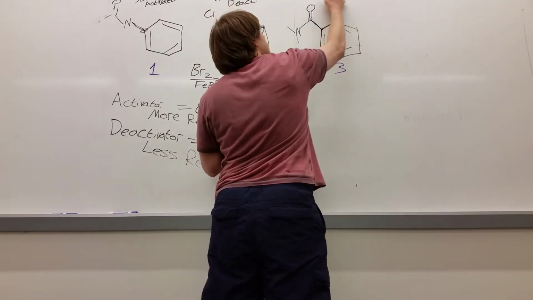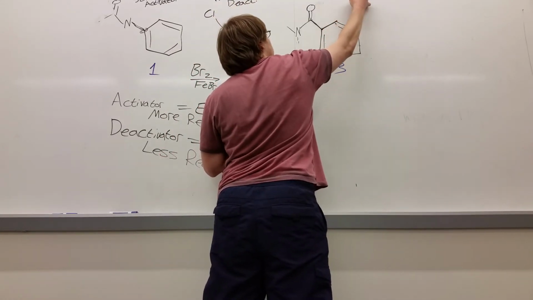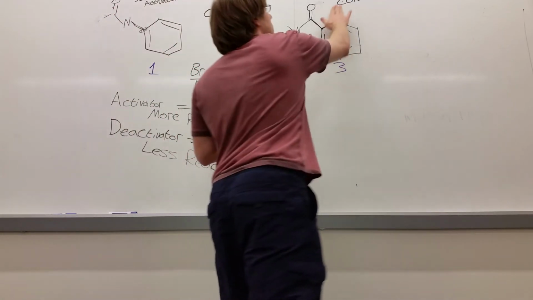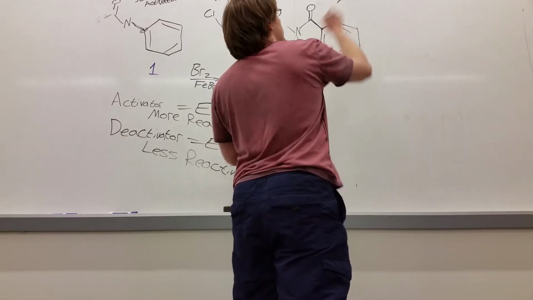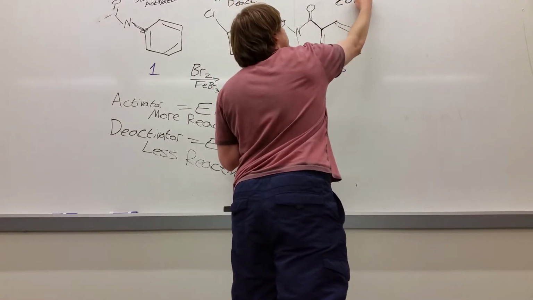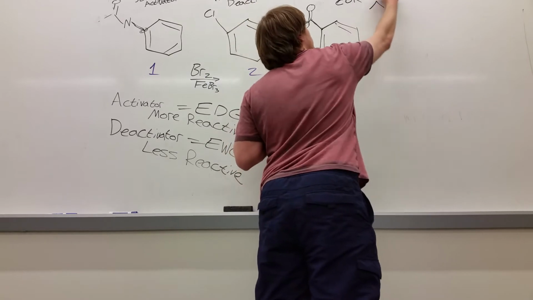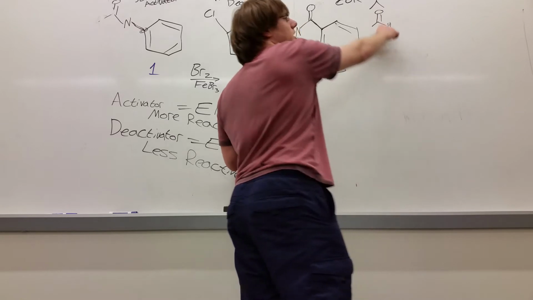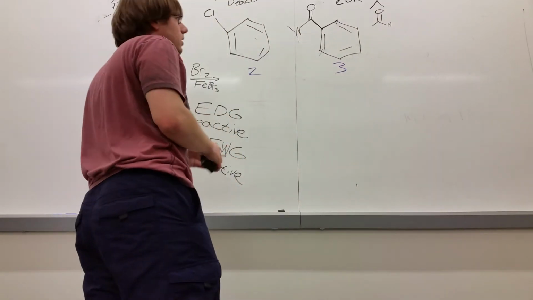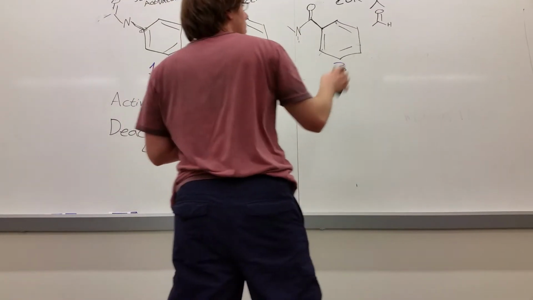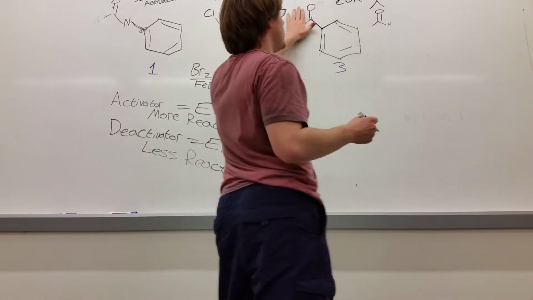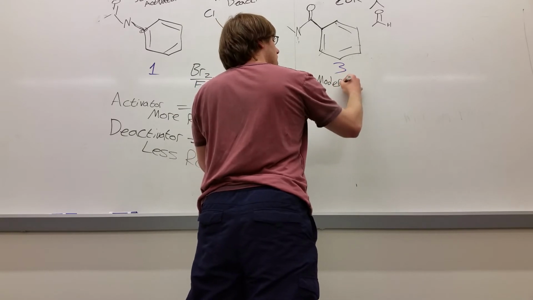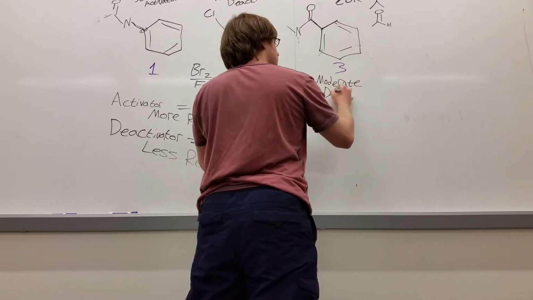On your cover sheet, C double bond O is typically written as CHO or COR, COR corresponding to a ketone, CHO corresponding to an aldehyde, where it's a hydrogen instead of a methyl. So I know that if I look at my cover sheet, a C double bond O is listed as a moderate deactivator.